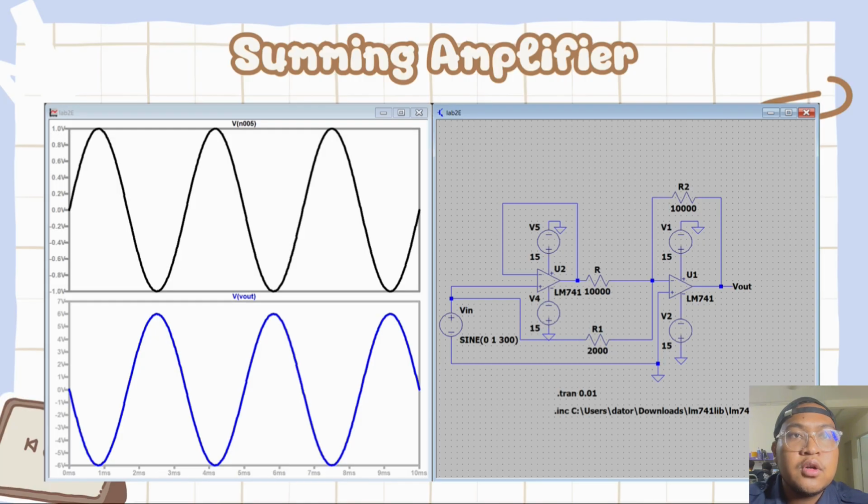Similarly, the voltage follower demonstrated an exact match with the expected unity gain of positive 1, confirming its ideal buffer function. The Schmitt trigger successfully produced the expected square wave, validating its function as a high hysteresis comparator.